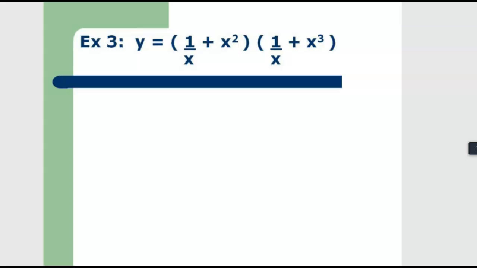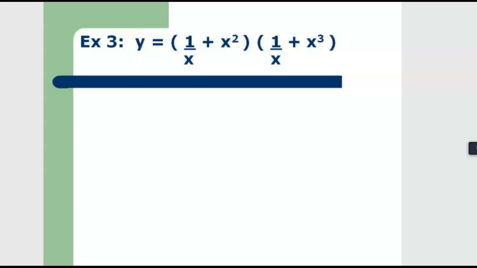Okay, example 3. You got 1 over x plus x squared. We need to rewrite fractions as negative exponents, or you need to FOIL to start.